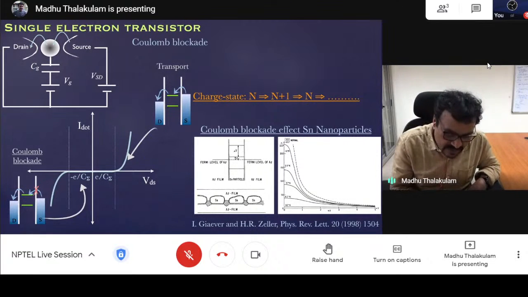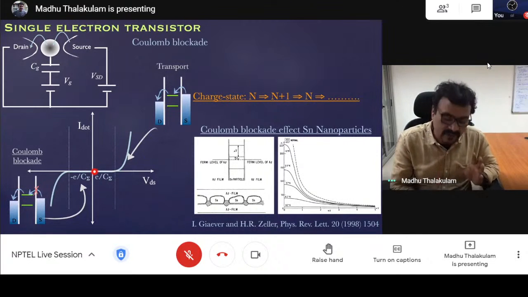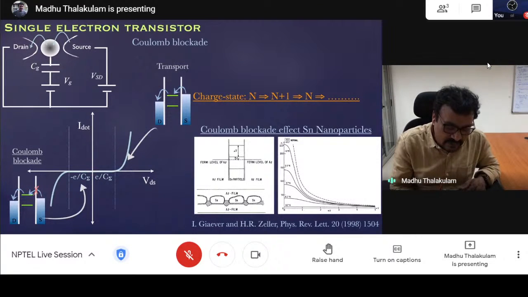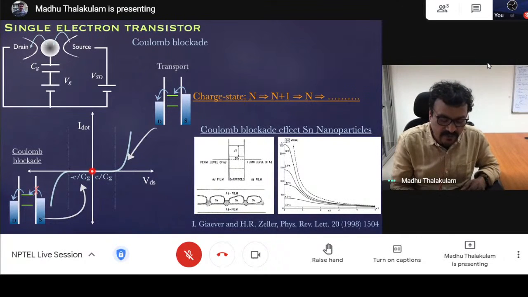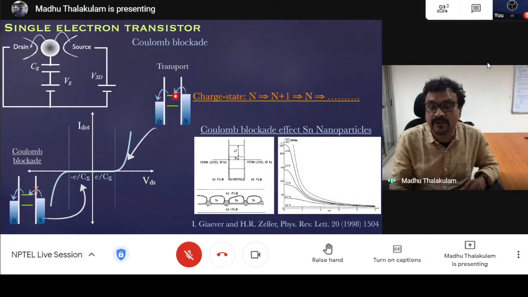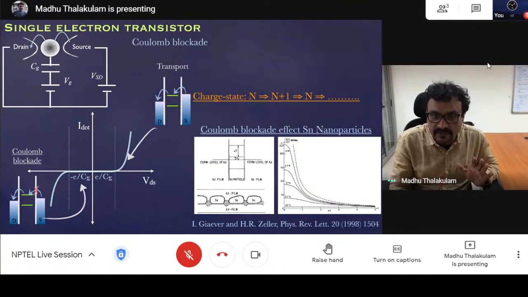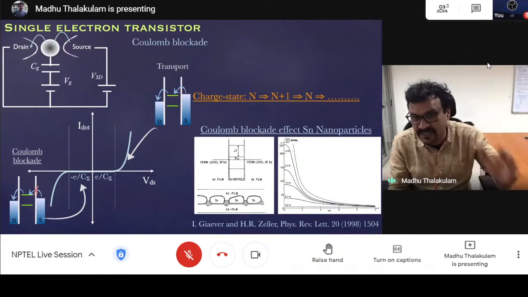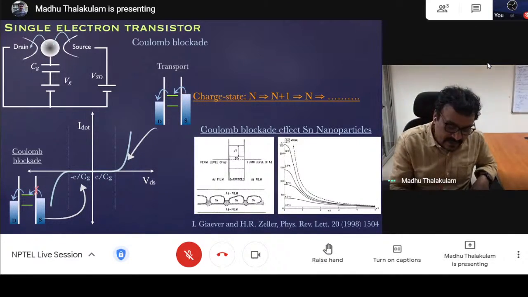That means when you start from zero voltage, the measured current will be zero. As you ramp the voltage further, at some point you will reach a situation where the source is in resonance with the electrochemical potential for the (N+1)th electron. Then the current will start rising. The same thing happens in the opposite direction also.